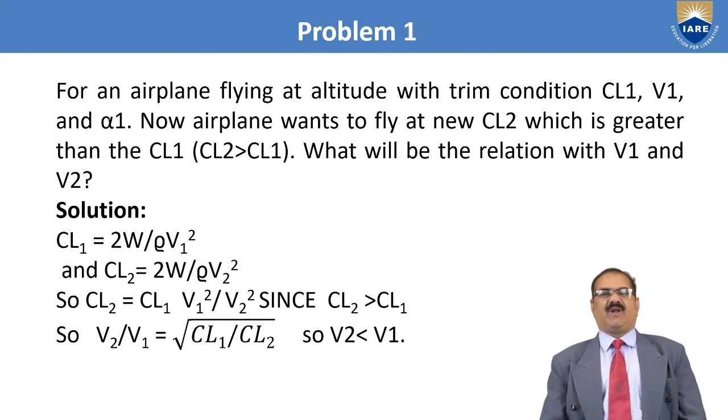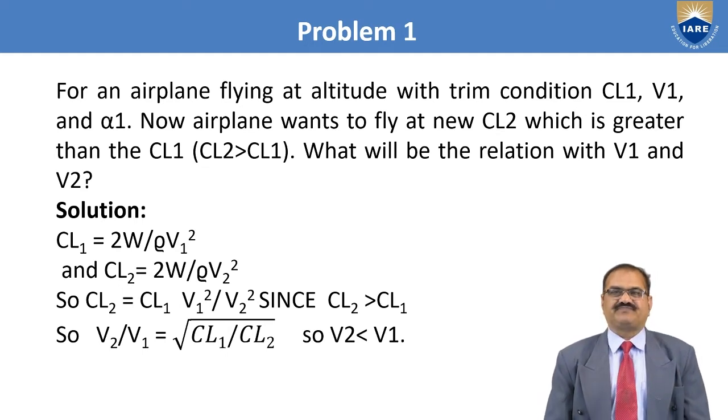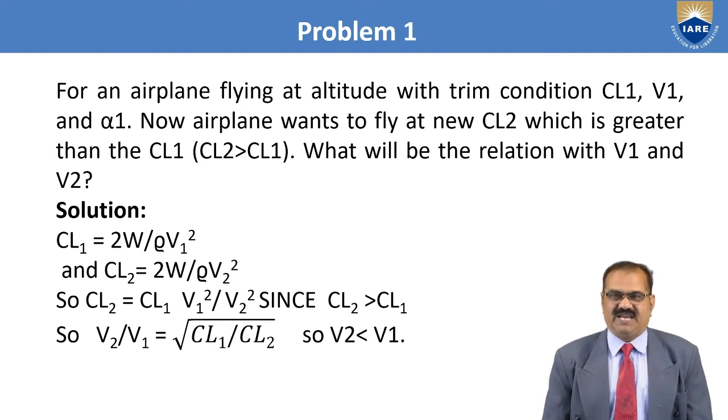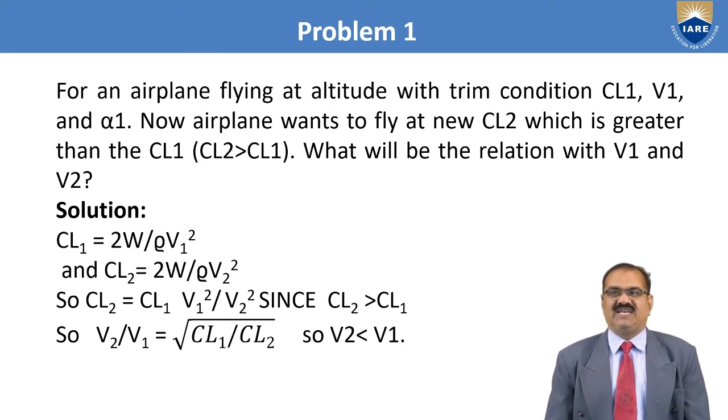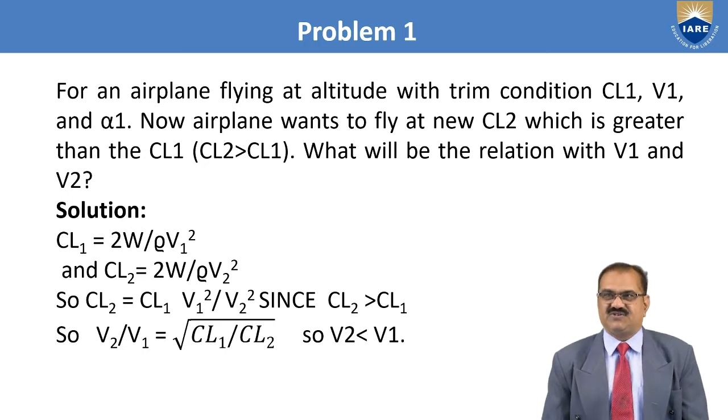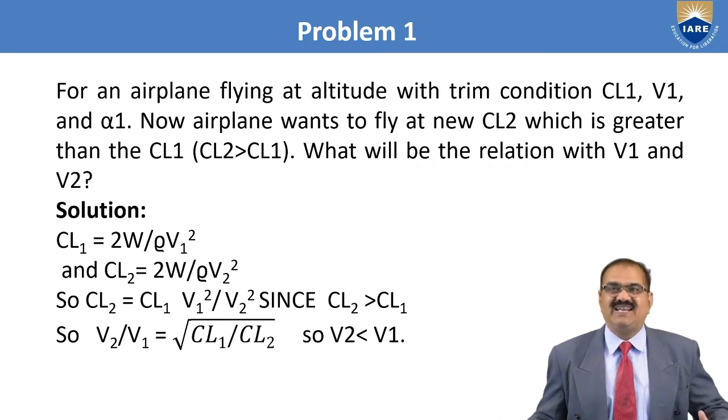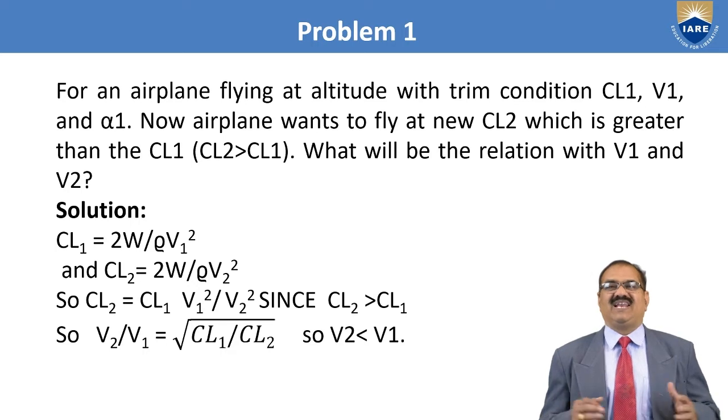So now my problem number 1. For an airplane flying at altitude with trim condition, it has CL1, velocity V1 and angle of attack alpha 1. Now, the airplane wants to fly at a new coefficient of lift CL2, which is greater than the previous CL1, means CL2 is greater than CL1. What will be the relation between V1 and V2?